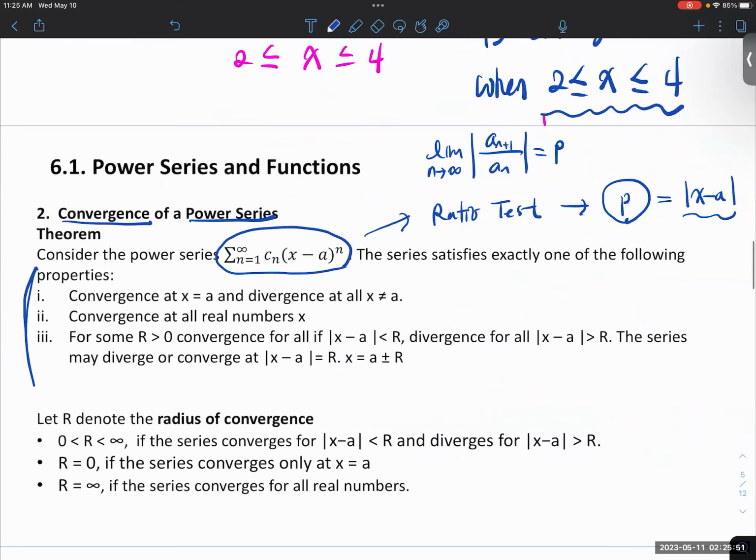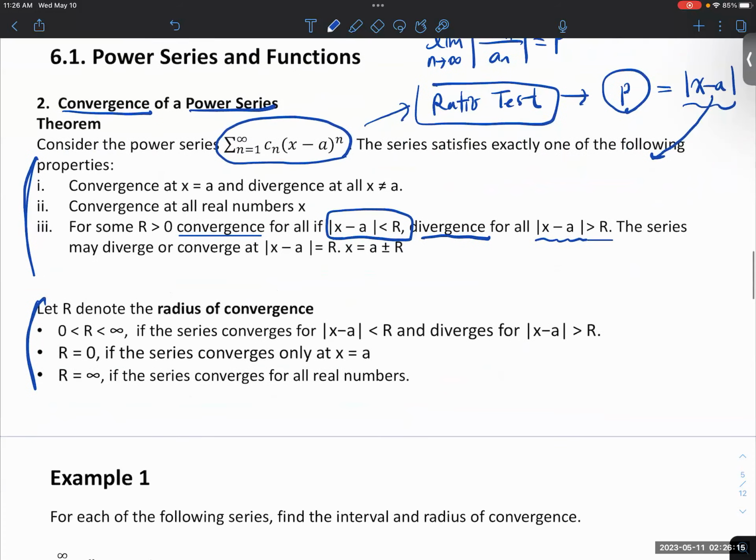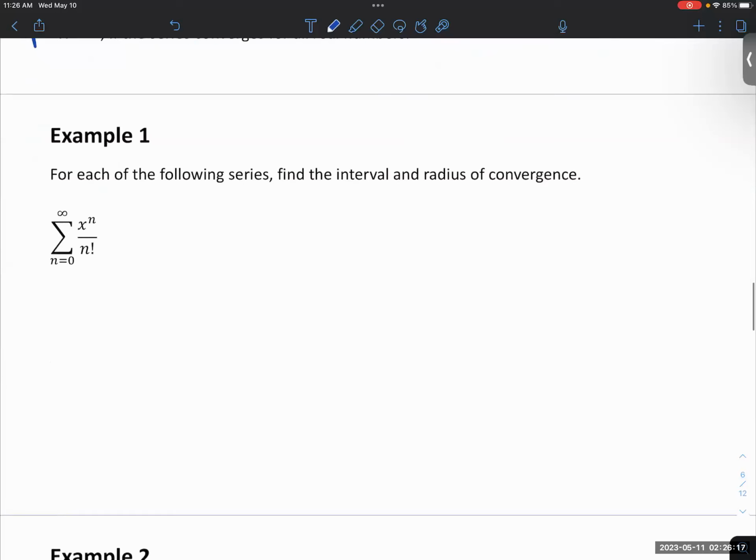So what I'm saying is simply, absolute value x minus a less than the radius is going to be convergence. If the absolute value of x minus a is greater than, it is going to be divergence. So we just talked about the same theory, but I'm going to show you the example. There's another approach as well, but I think using the ratio test is much simpler. So let's take a look at a couple more examples.